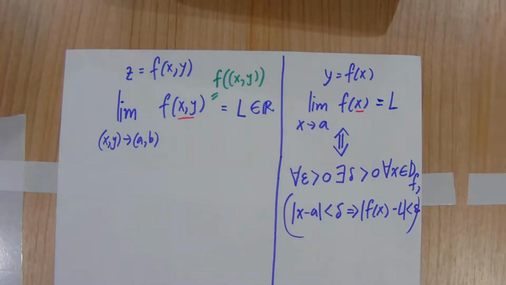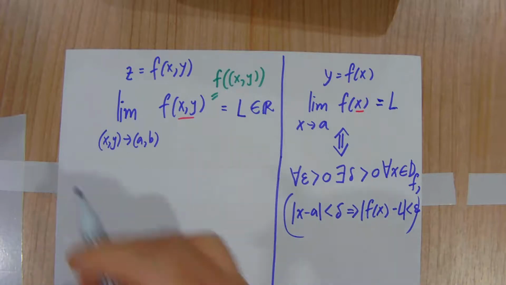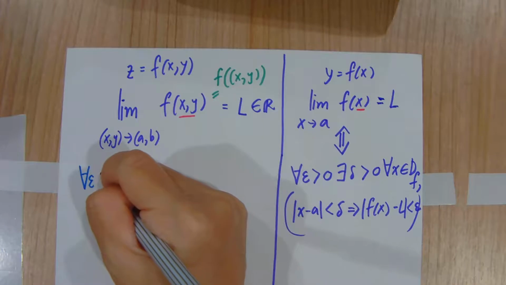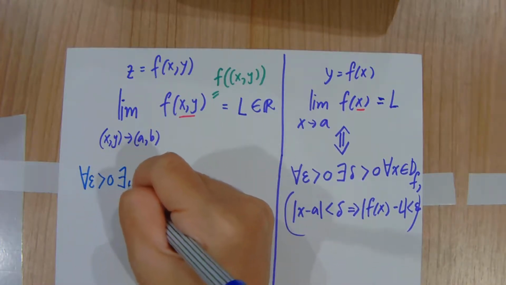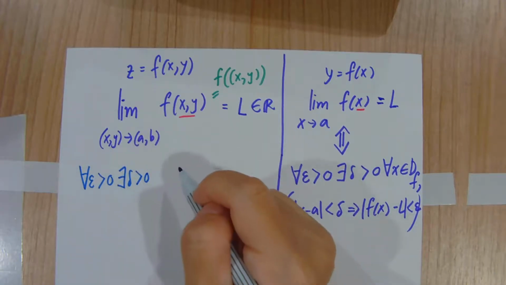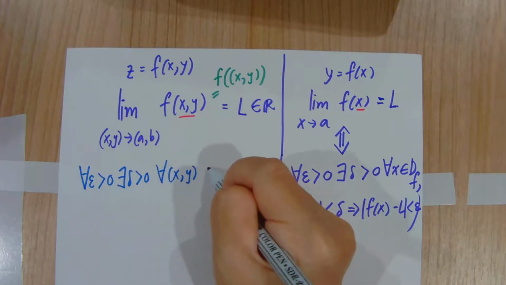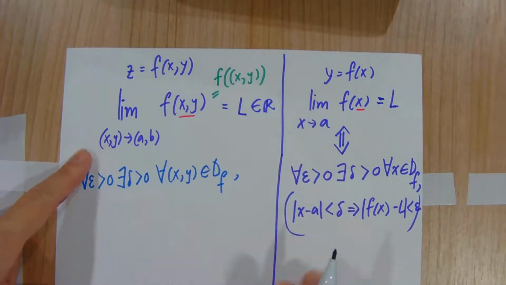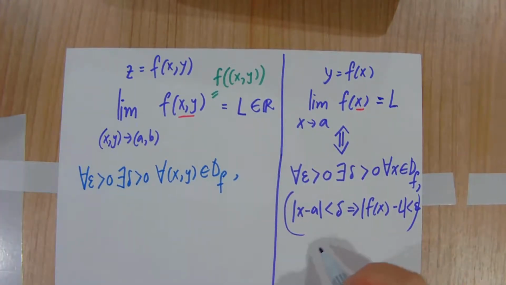So if we transfer to the meaning for double variables, this also has that for every epsilon positive, there also exists a delta, and for every point (x, y) in the domain of the function f, this is the distance from the point a.